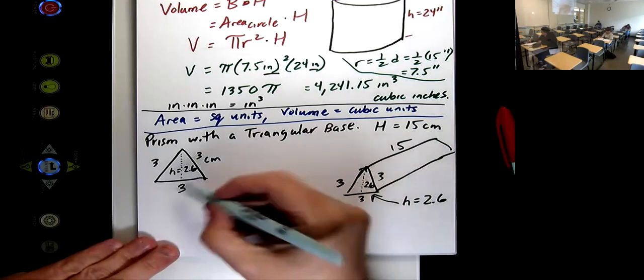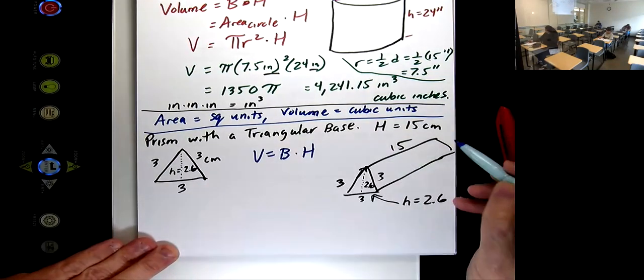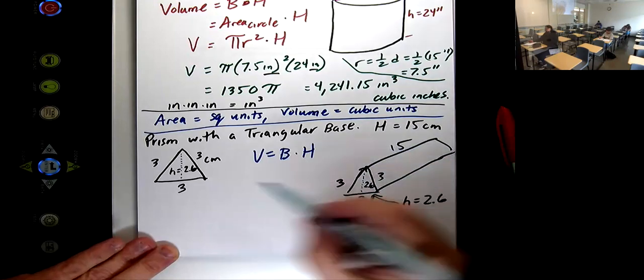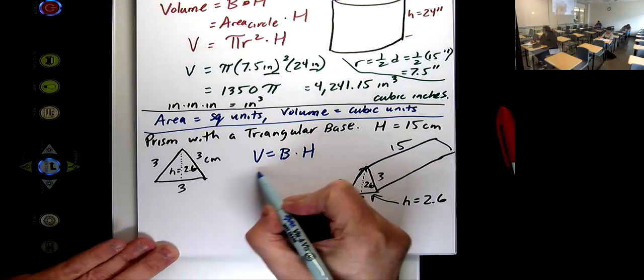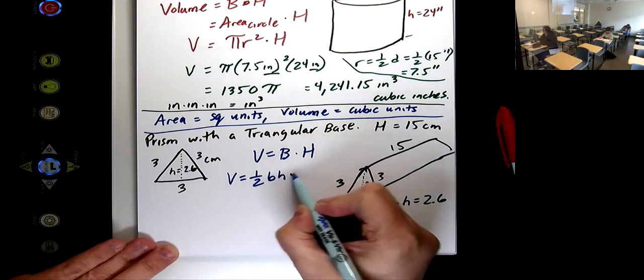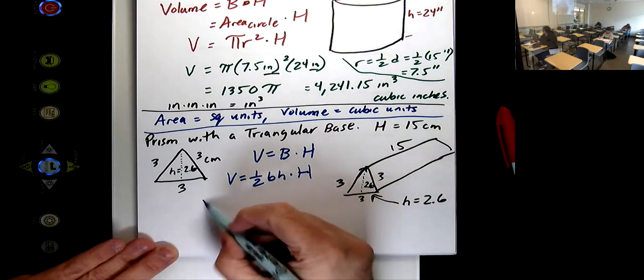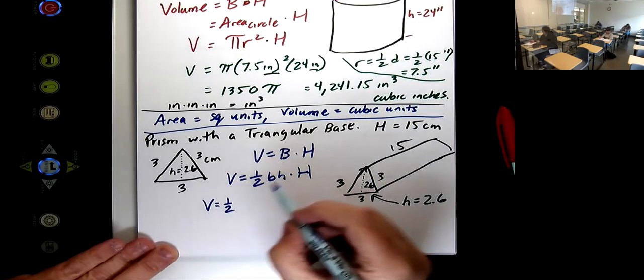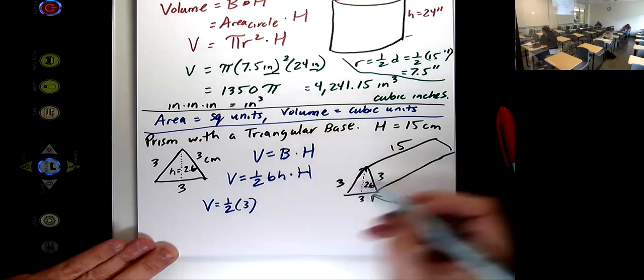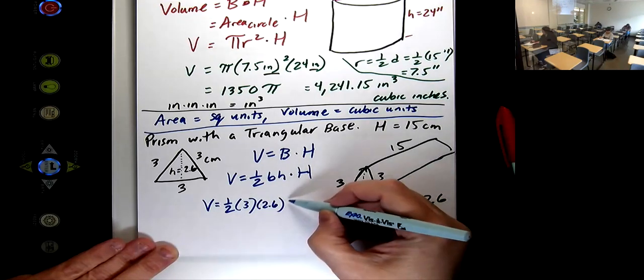So we're going to do big B times big H. And big B is the area of the triangle, which is 1/2 little b times little h times big H. So I have 1/2 times 3 times 2.6 times 15.